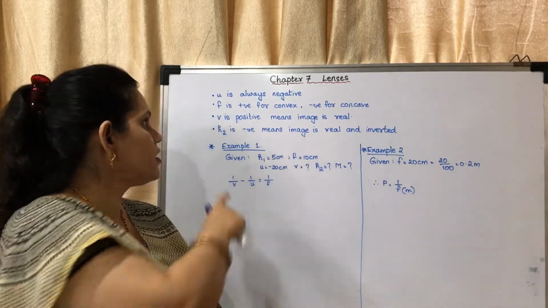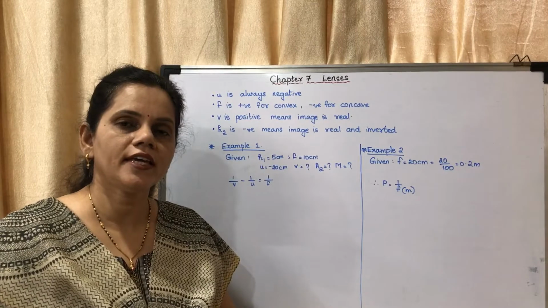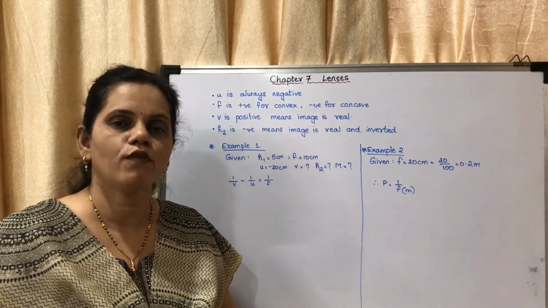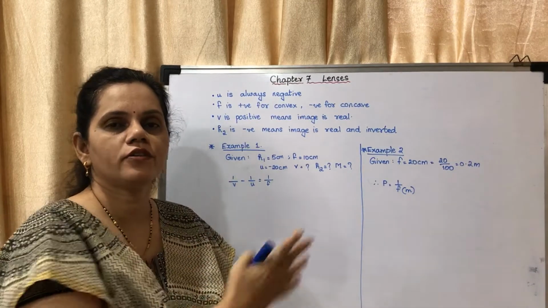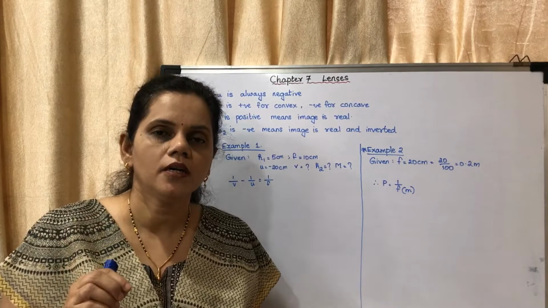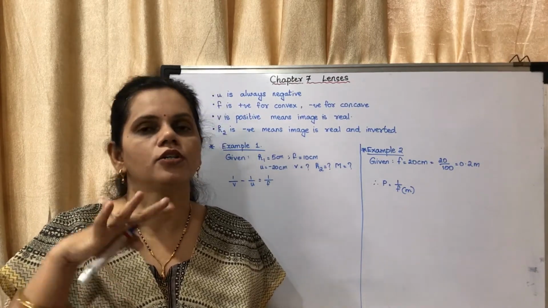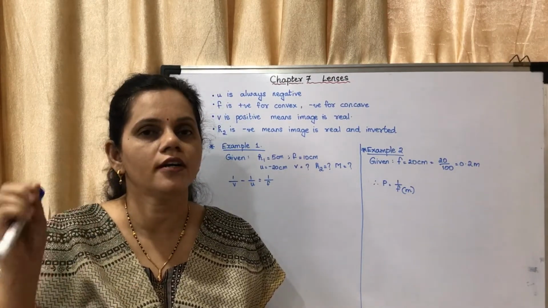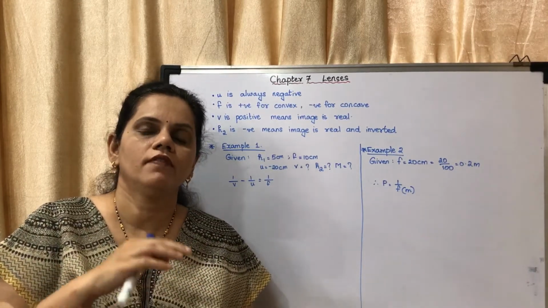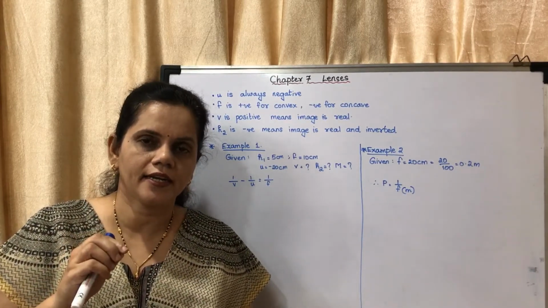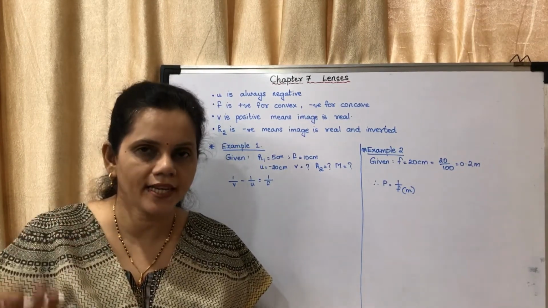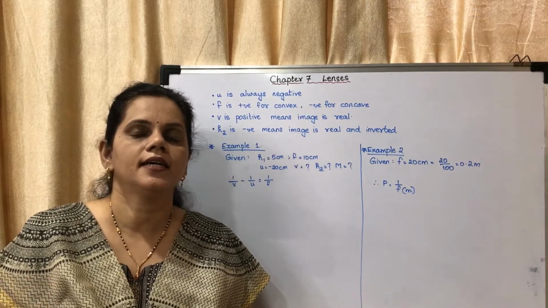If you are getting the value of V as positive, that means the image is real. Why is it real? Because you are getting it towards the right hand side. If you remember, the real images you had got towards the right hand side of your ray diagram. So you may see the ray diagram if you want. Whenever you draw the ray diagram, the image which you get towards the right hand side of O is real.